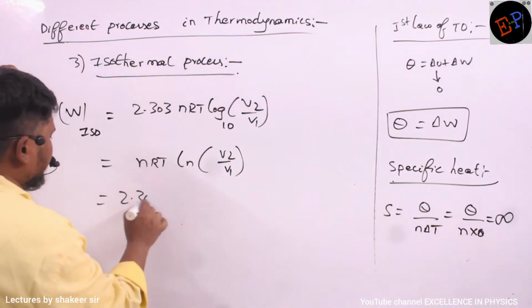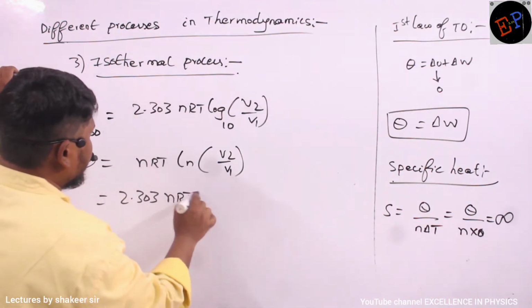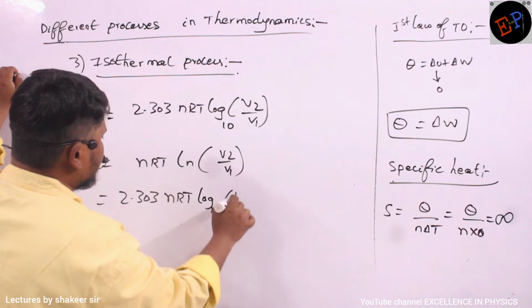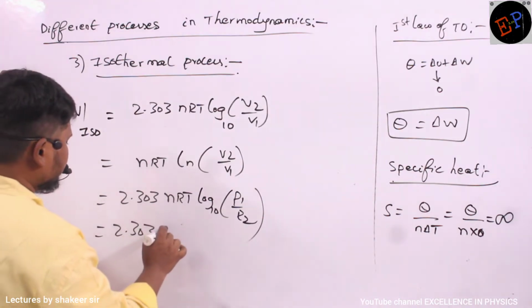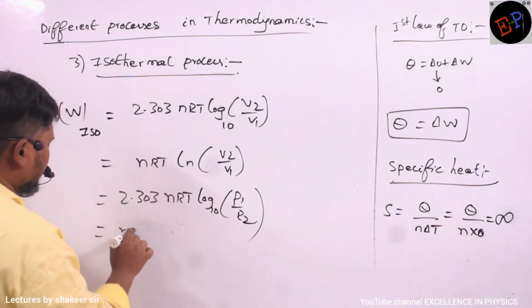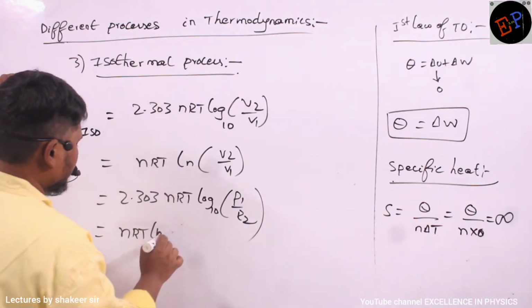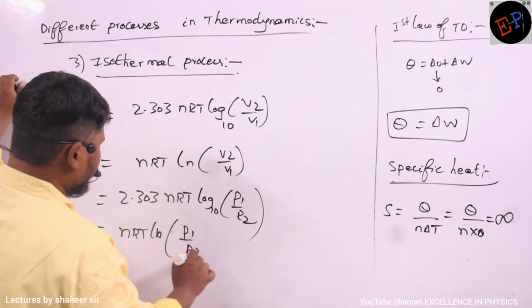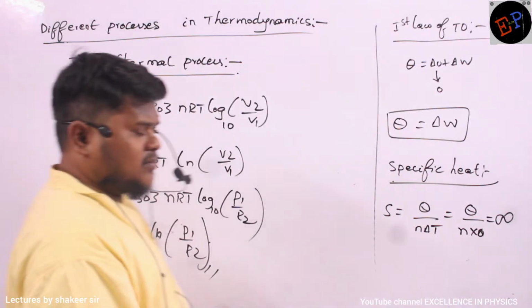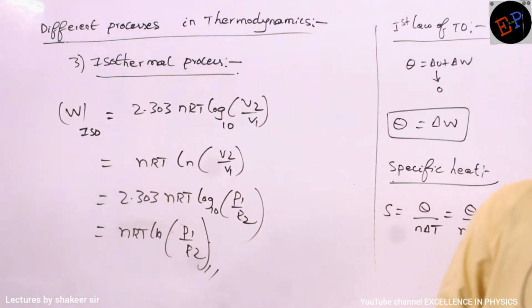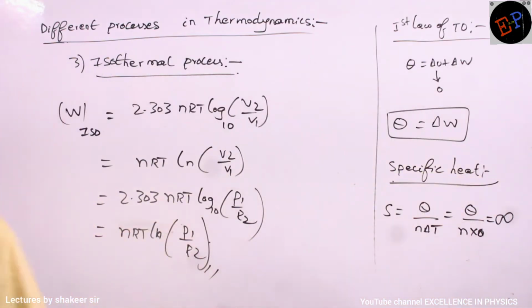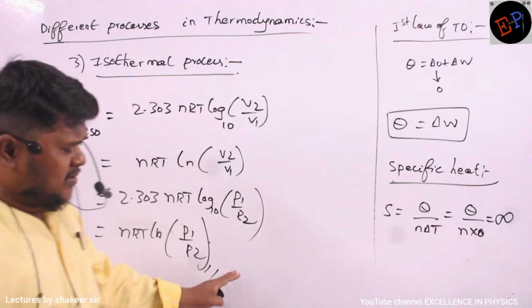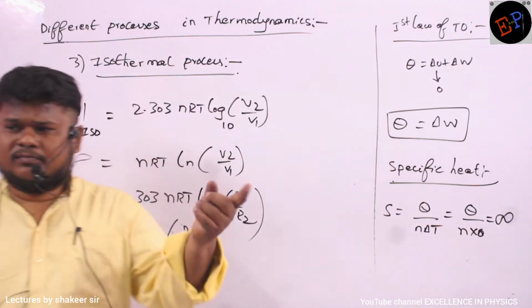Same formula you can write as 2.303 nRT log to the base 10 of P1 divided by P2. Or nRT natural logarithm of P1 divided by P2. So these are the different formulae which we can use for work done in isothermal process. Understood? These formulae we have written in thermodynamics in chemistry also.